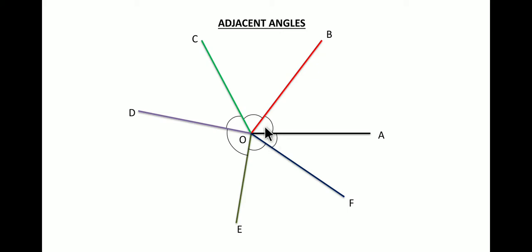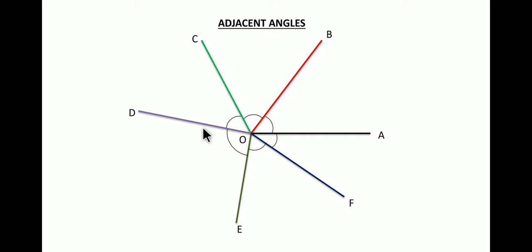The immediate next of angle AOB is angle COB or angle AOF. So the adjacent angles for angle AOB are COB, the angle between the green and the red line, and another adjacent angle is AOF, the angle between the navy blue and the black lines.